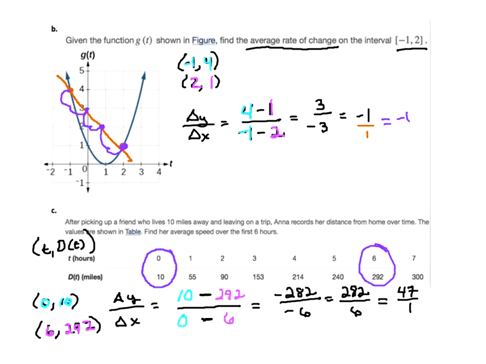So that's 47 over 1, and this is miles per hour. So she was traveling 47 miles per hour. That's how you would write that. You good, Cyprian, so far?